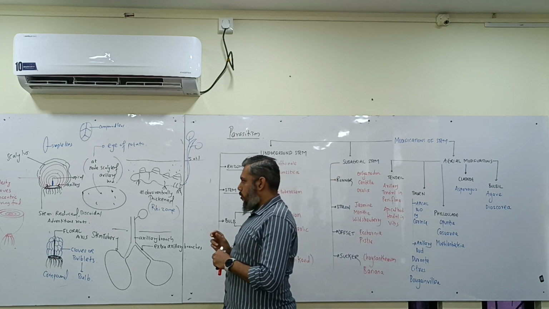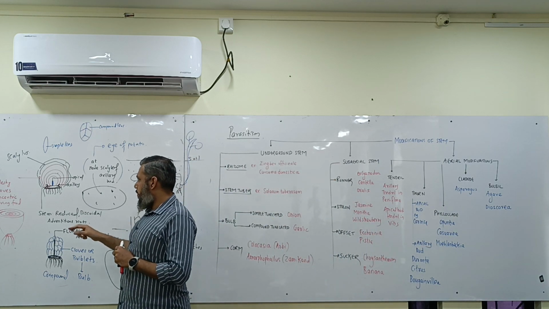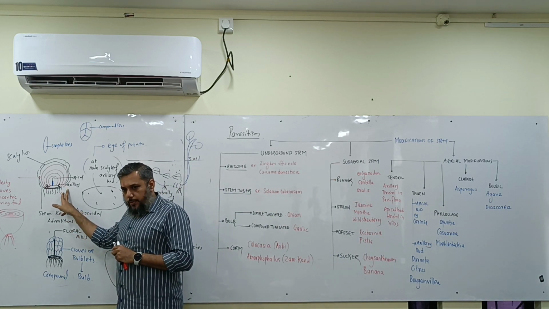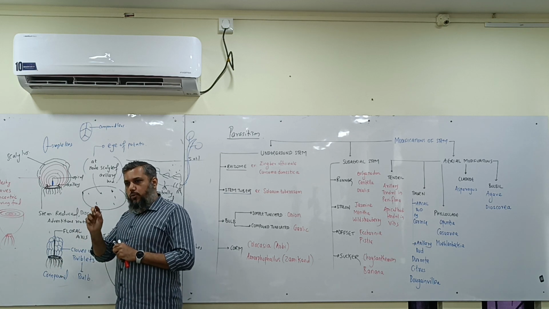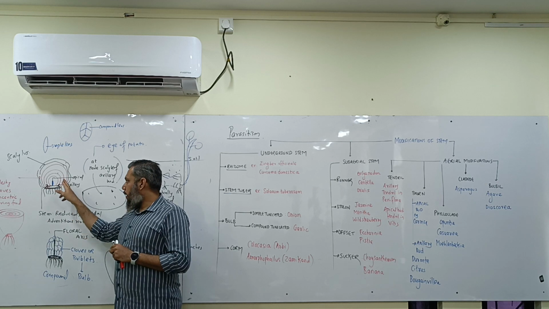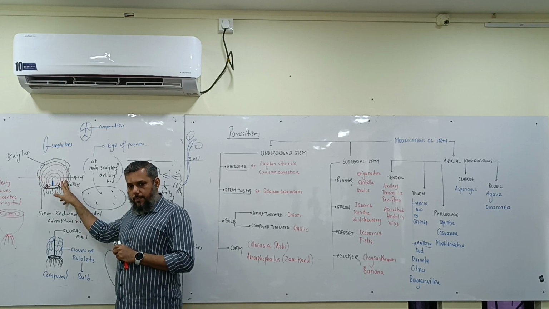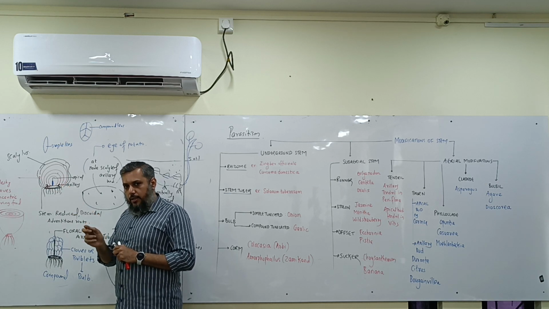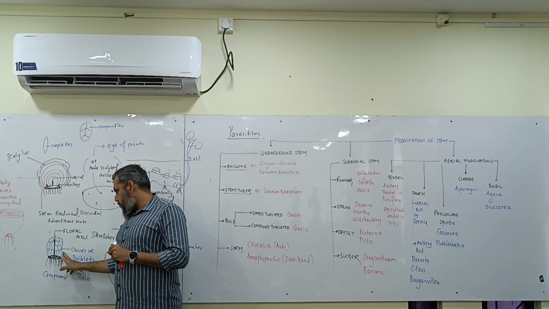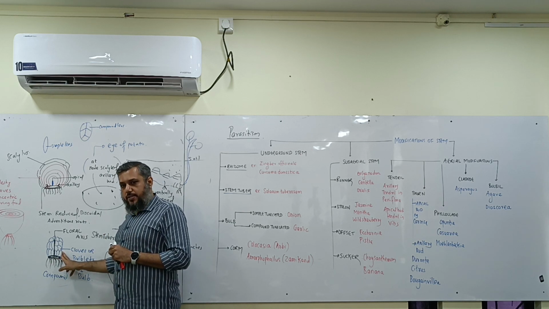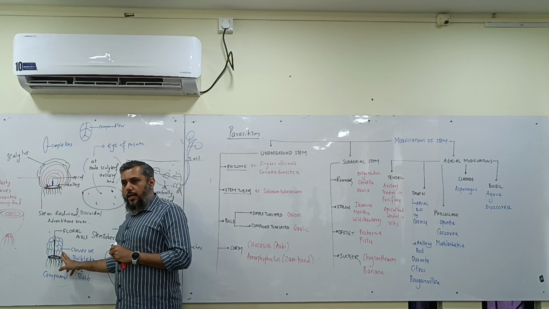Okay? So, one difference between an onion and a garlic is that in onion the food is stored in the fleshy leaves, and in a garlic the food is stored in the cloves or the bulblets, which are the swollen axillary buds.